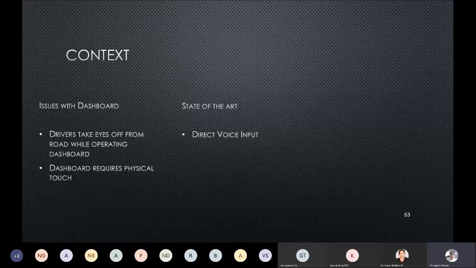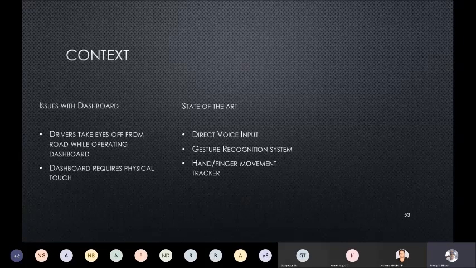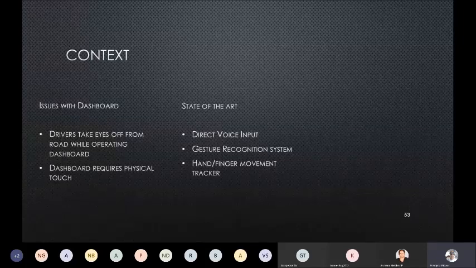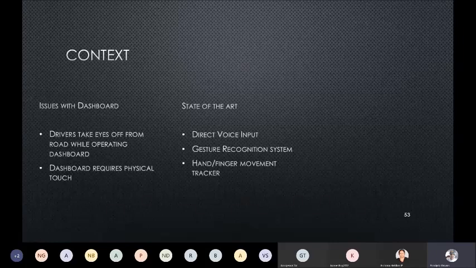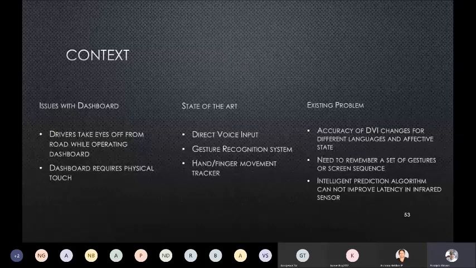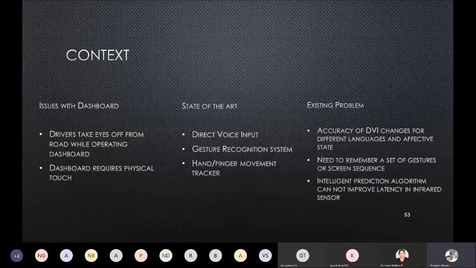So some existing research looks at direct voice input or speech recognition technology, gesture recognition systems, and hands-free hand or finger movement trackers or virtual touch, by which either you need not take your eyes off from road, or you can touch a touch screen virtually, which is supposed to be faster than existing touch screens. But the existing problem is the accuracy of many speech recognition systems is not very well explored.